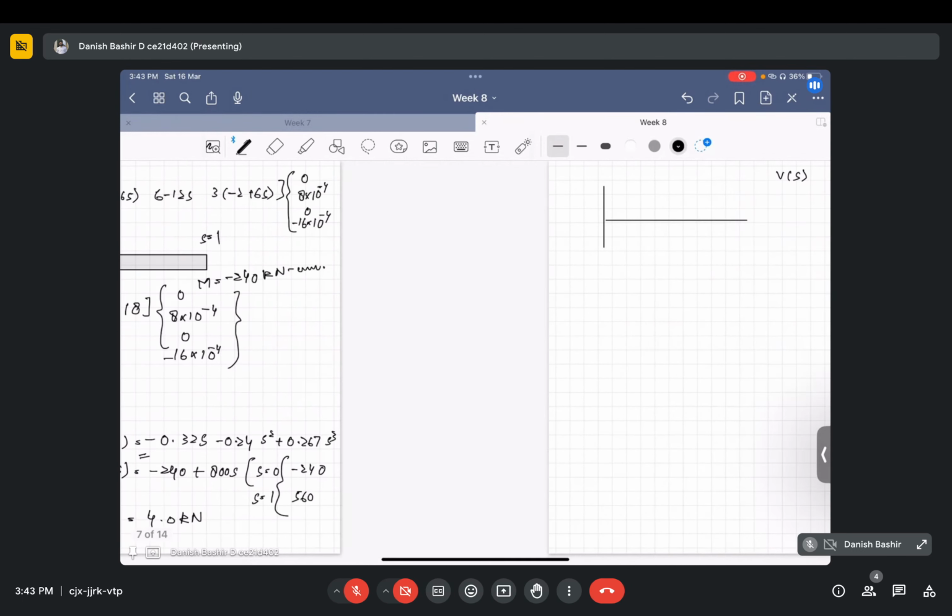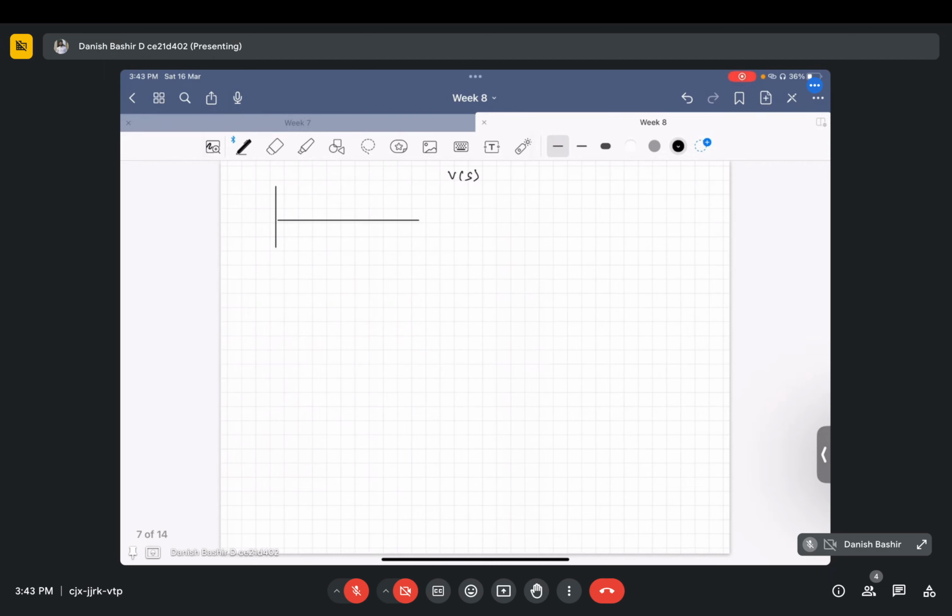So we will have two cubic parabolas like this. This is for displacement, and for moment, how the moment is changing, you have already seen that.